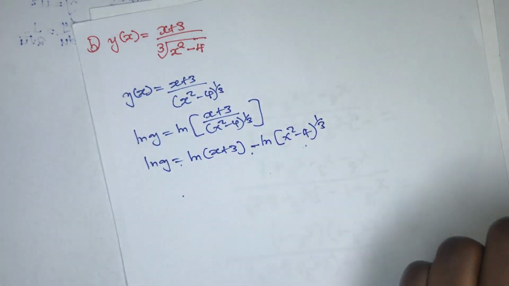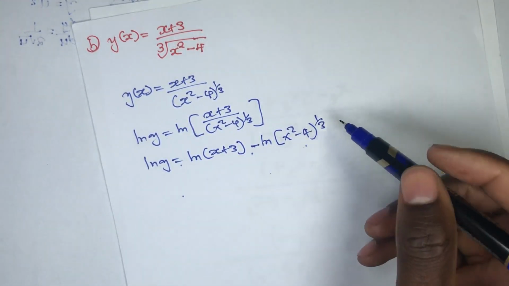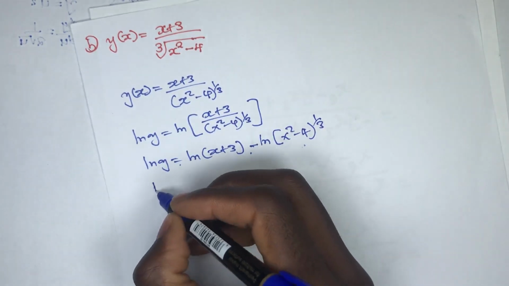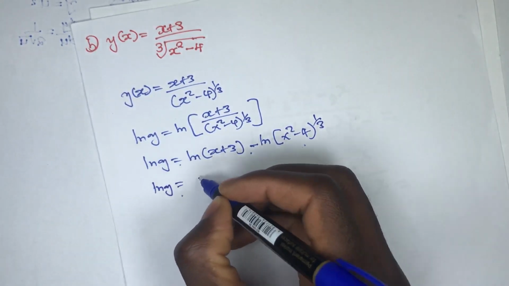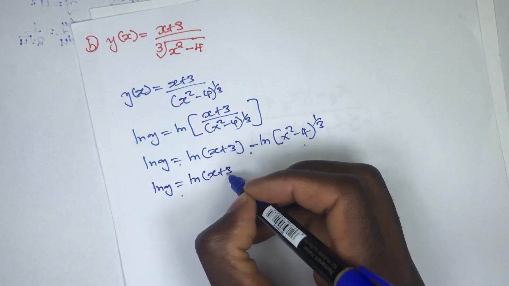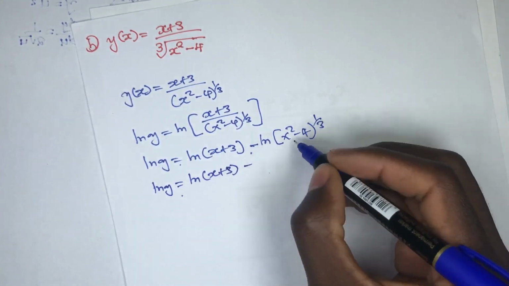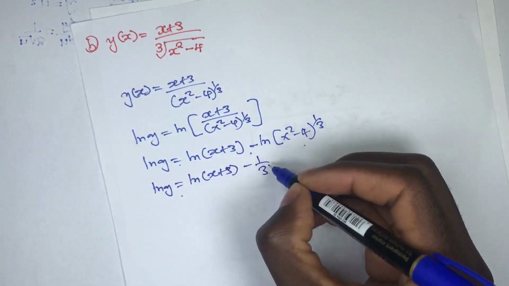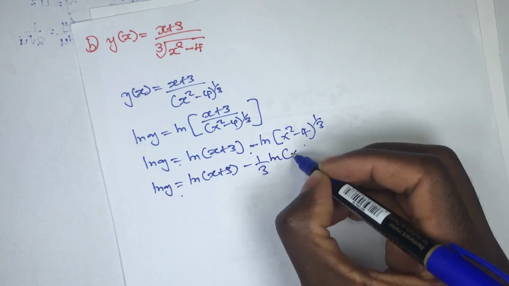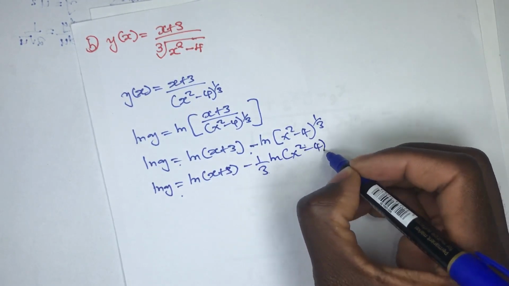Then you can still utilize the properties of logs by dropping this power this side. So we have ln y is equal to ln(x plus 3) minus, when we drop the power, 1 over 3 ln(x squared minus 4), like this.